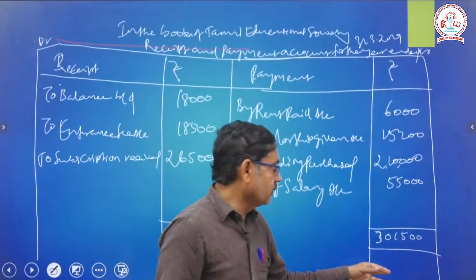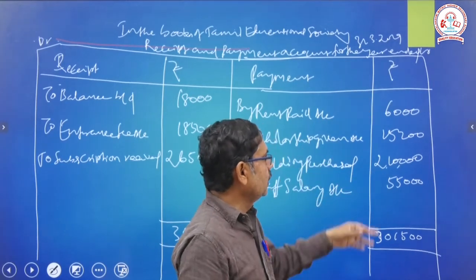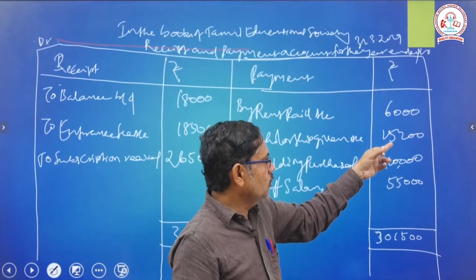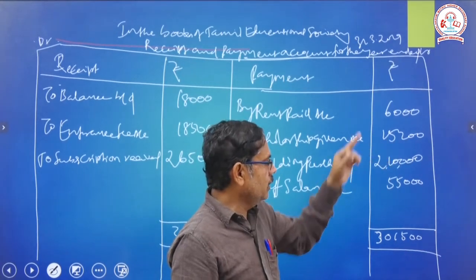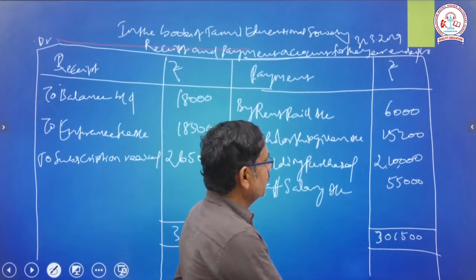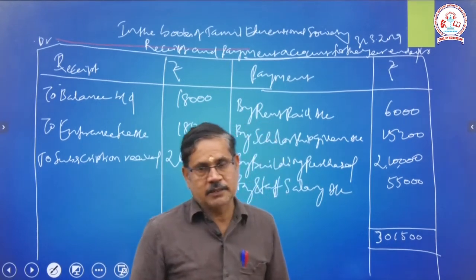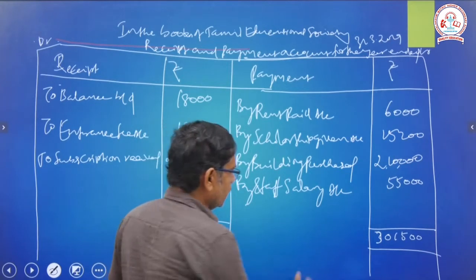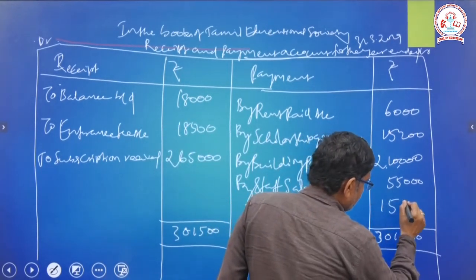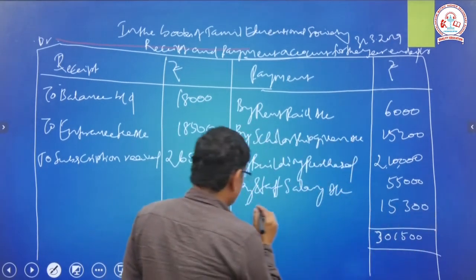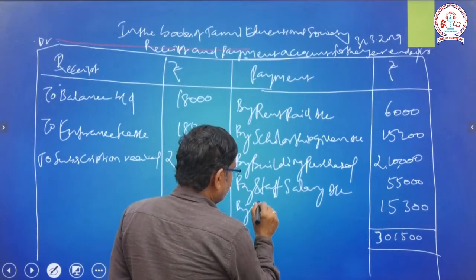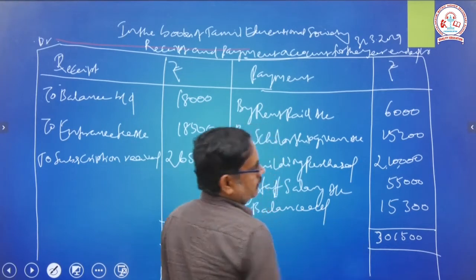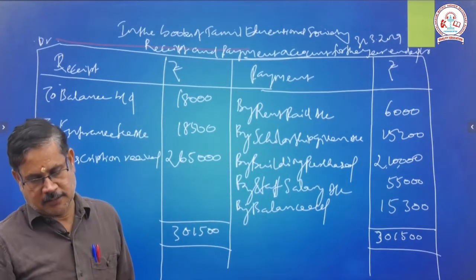So, 3,01,500 minus these values 2,10,000, 2,65,000, 2,70,000, 2,80,000, 2,86,000. So, we deduct 2,86,200 and the remaining amount is 15,300. Find out the answer, 15,300, and write the name here, by balance c/d, by balance c/d. Okay.